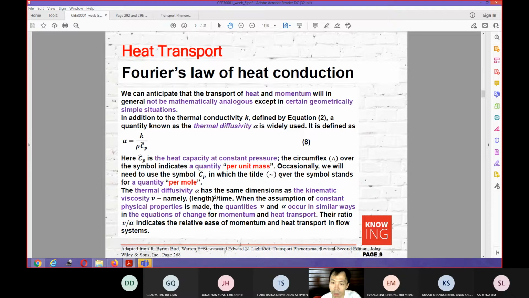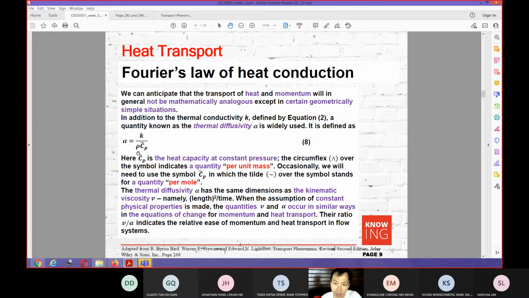So now if you see in here that we have the same constant with the same unit as the momentum diffusivity. It is called the thermal diffusivity, or alpha. Alpha is k divided by rho Cp, and Cp in here is the heat capacity at constant pressure.